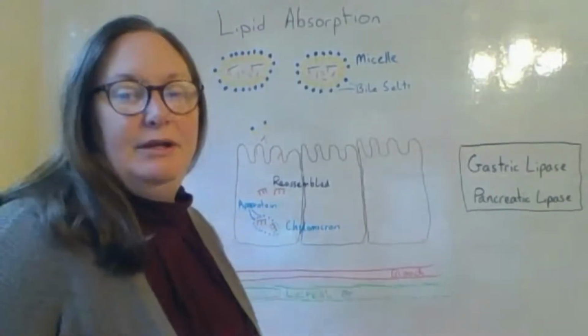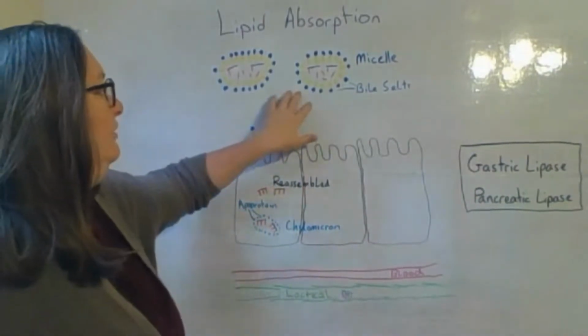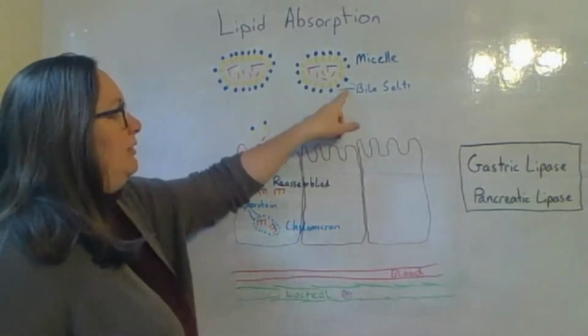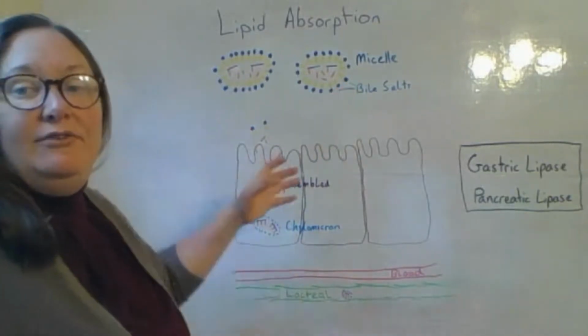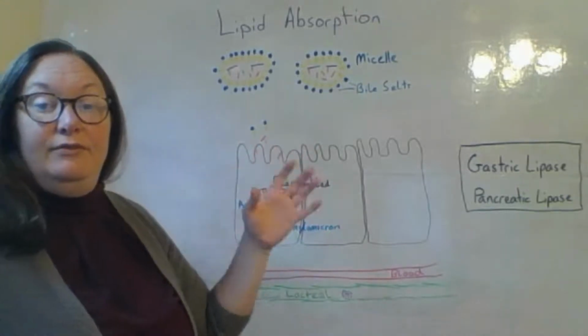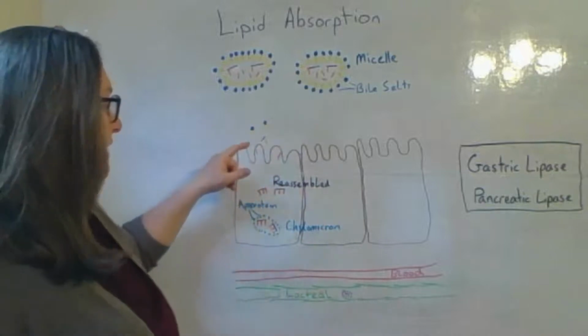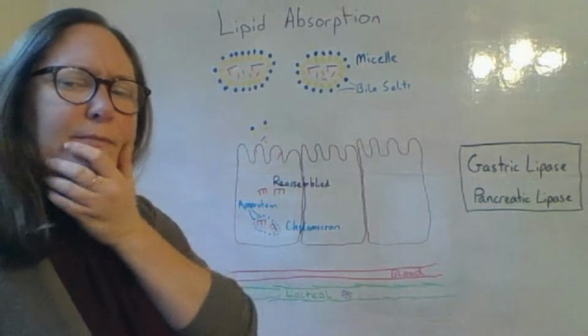And that's where I'm going to pick up here for the lipid absorption. We have a micelle. You have your monoglycerides and your free fatty acids surrounded by bile salts. The micelle escorts the fatty acids and the monoglycerides down here to the cell membrane, where, what do you think?